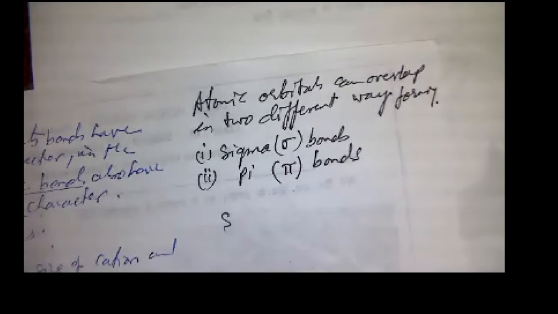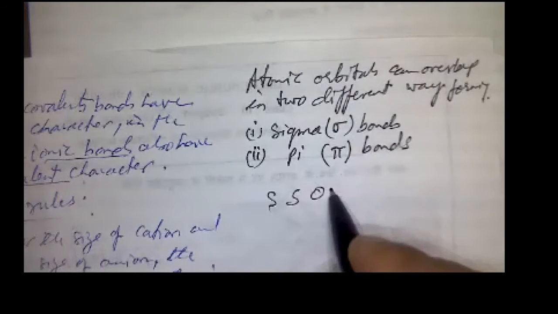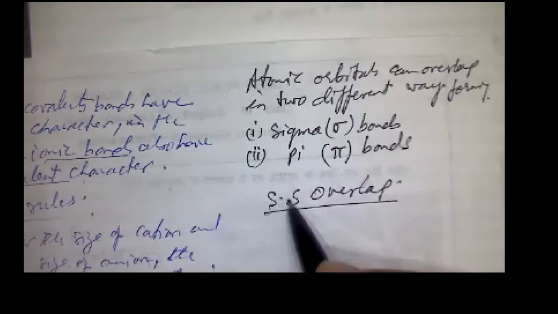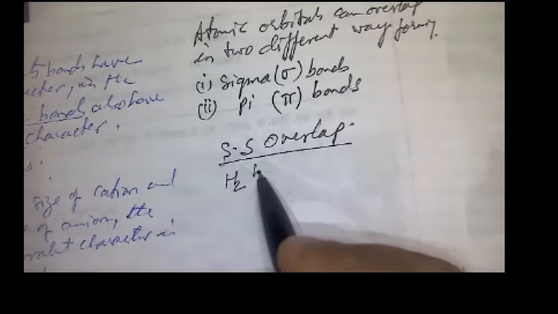So let's see this. Look here. In this case, let's take s and s overlap. So s orbital overlaps with s orbital. Clear? For this, we'll take the example of the hydrogen molecule.